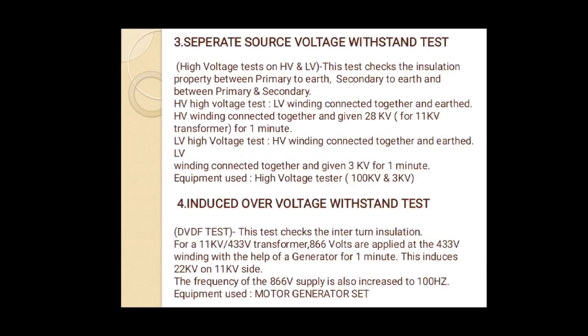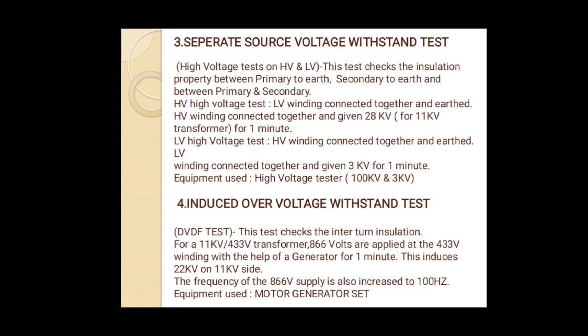Third one is separate source voltage withstand test. It is a high voltage test on HV and LV. This test checks the insulation between primary to earth, secondary to earth, and between primary and secondary. In the HV high voltage test, the LV winding is connected together and earthed, and 28 kV is given to the HV winding of an 11 kV transformer for 1 minute.